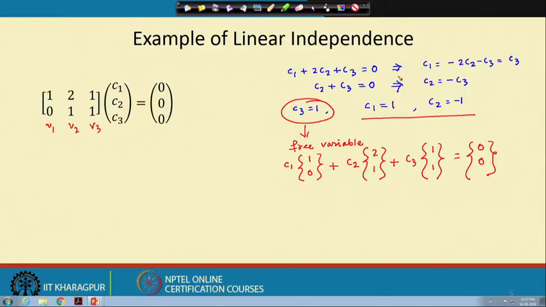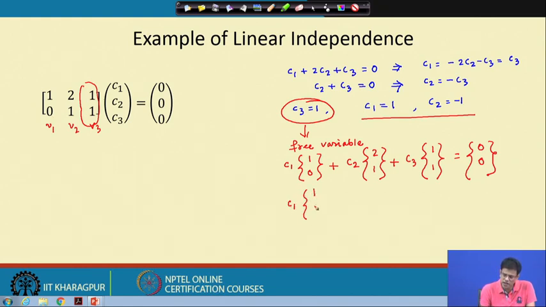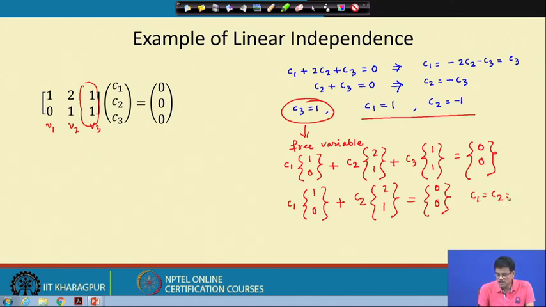If I write this matrix without the third column, then you will see that we cannot have C1 and C2 non-zero here to produce right hand side 0. What I mean by this is that if I write only these 2 columns of this matrix, that is 2 1, I cannot have a 0 0 unless C1 and C2 are essentially 0.